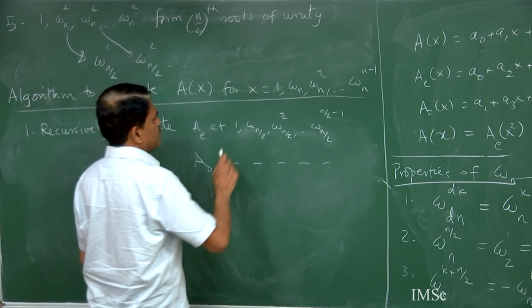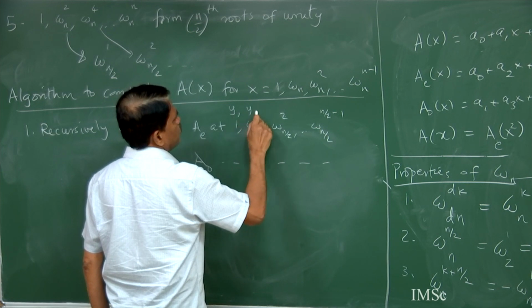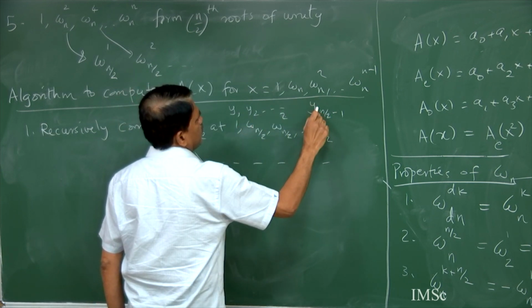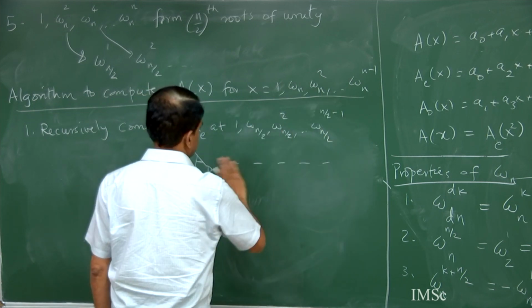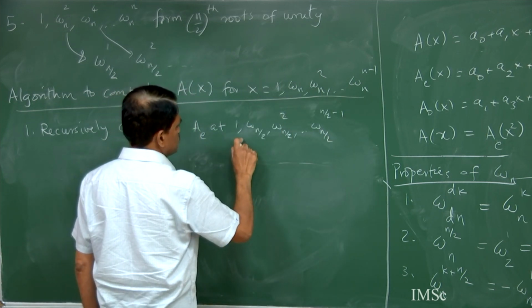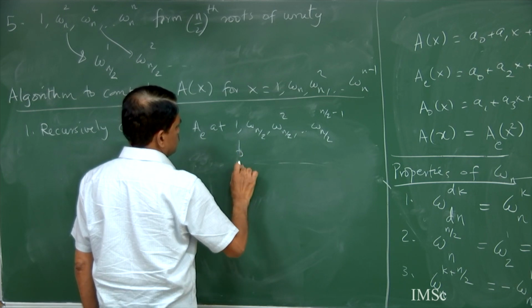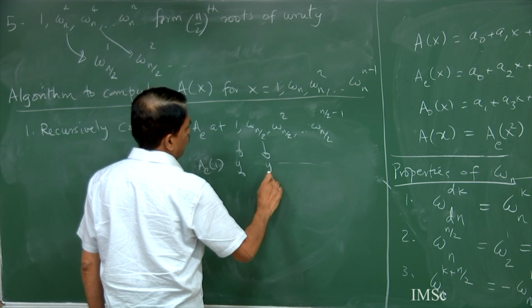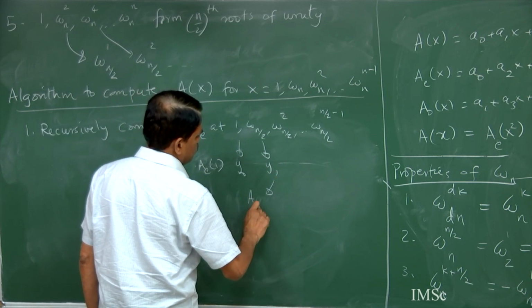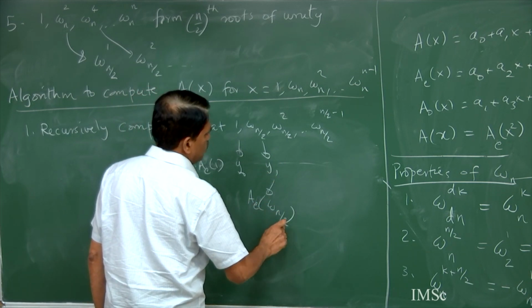Okay, so let's say these guys are y0, y1, up to y n by 2 minus 1. So this is y0, which is AE of 1, and this is y1, which is AE of omega n by 2, and so on.